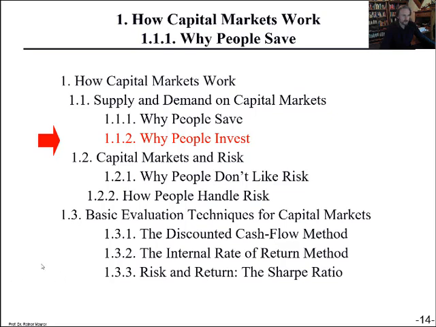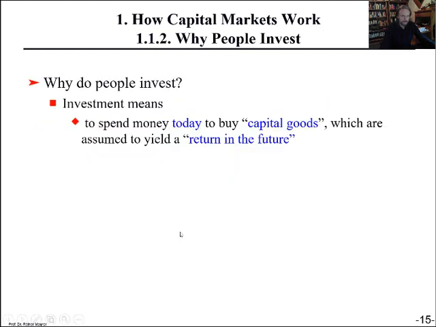Now let's have a closer look at the motives why people make investments. Investment means to spend money today to buy capital goods which are assumed to yield a return in the future.